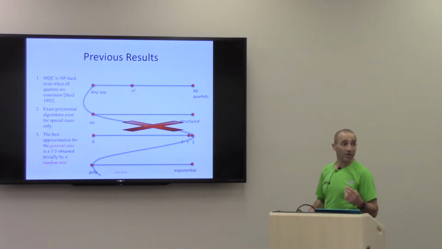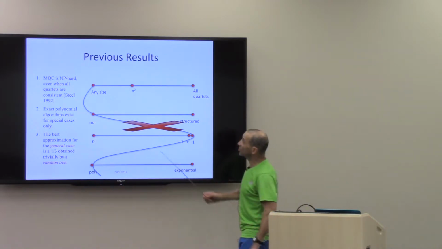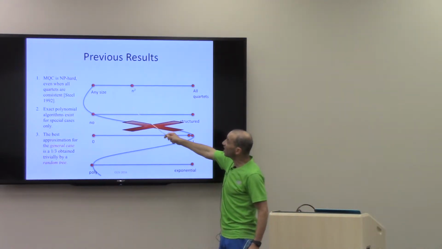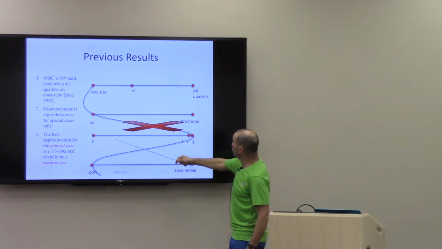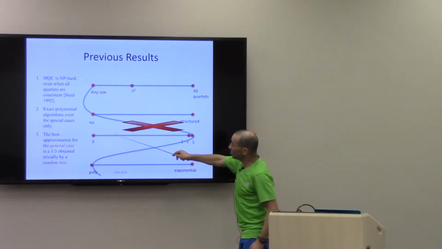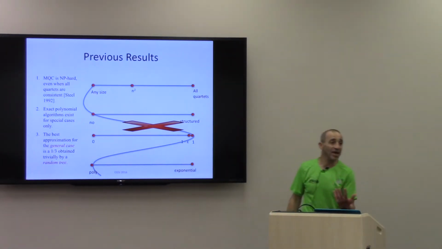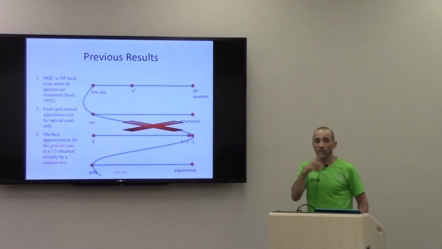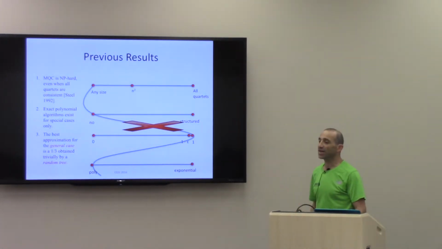Now, something quite trivial we saw yesterday: the best approximation for the general case, any size, no structure, in polynomial time is a third. Naively, by giving just any random tree, even a random caterpillar, we trivially get a third approximation ratio.